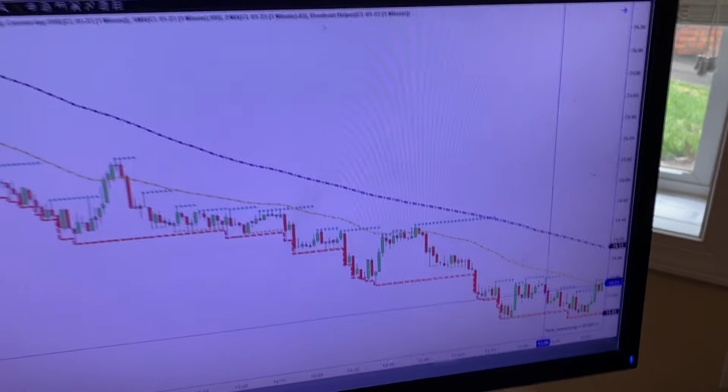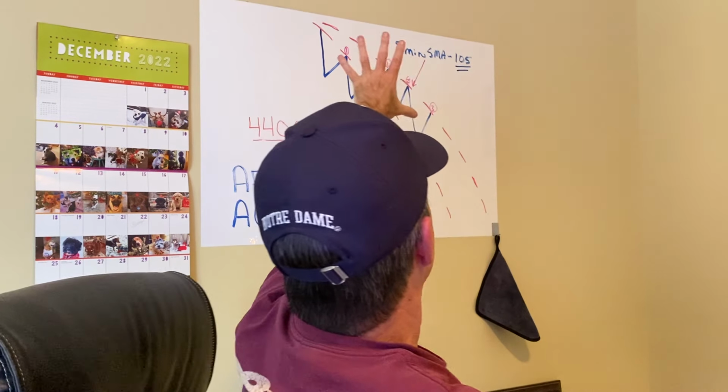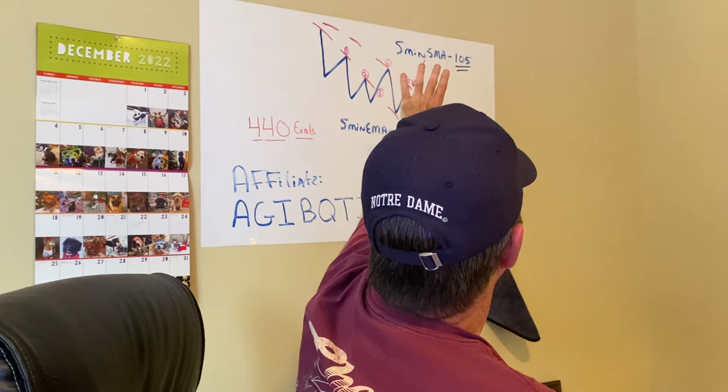So what I wanted to do in this video was to show you guys that you can do the continuation trade even off of the longer term lines, as long as price stays on the right side, meaning your entry stays on the right side of whatever one you're doing.